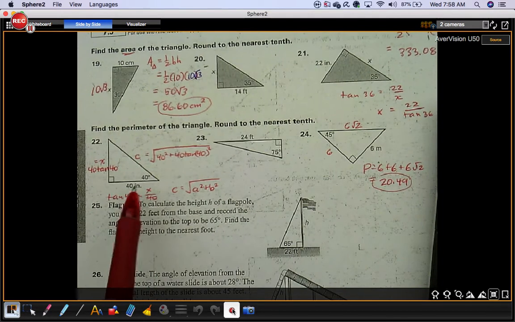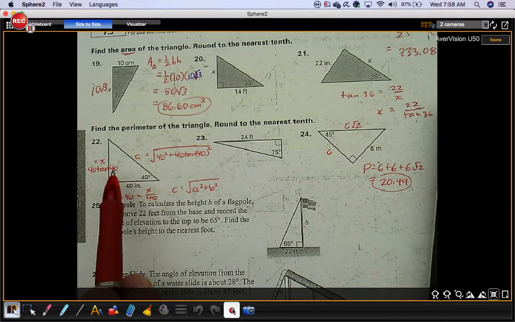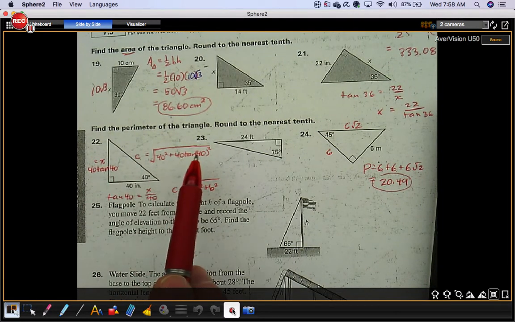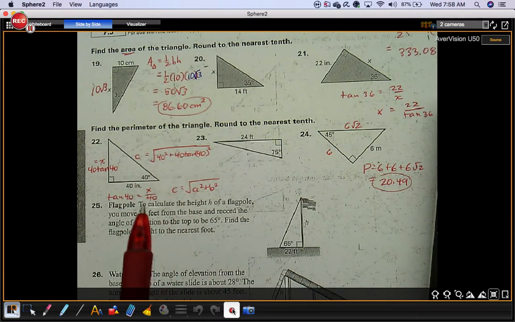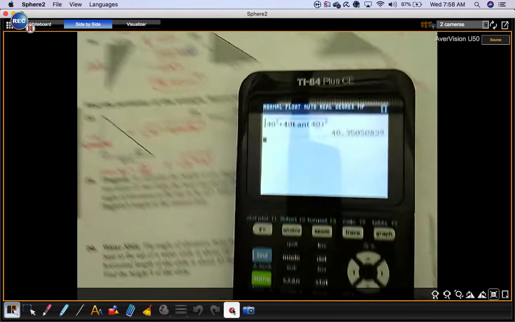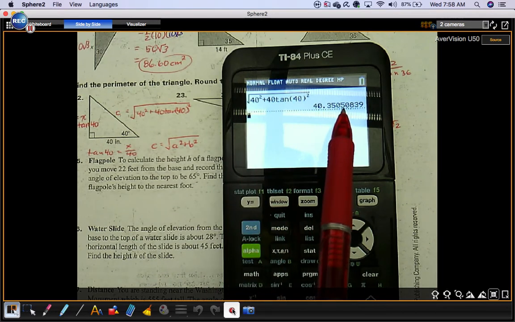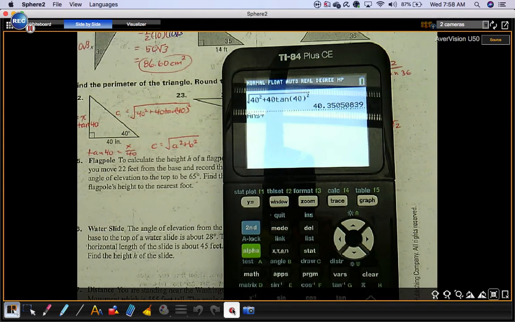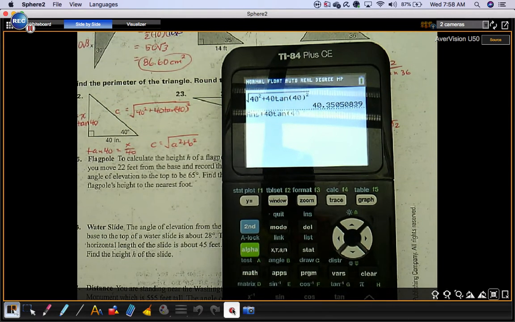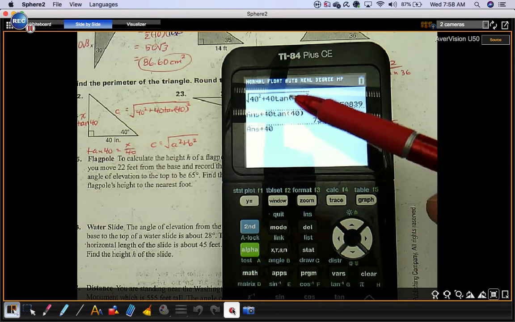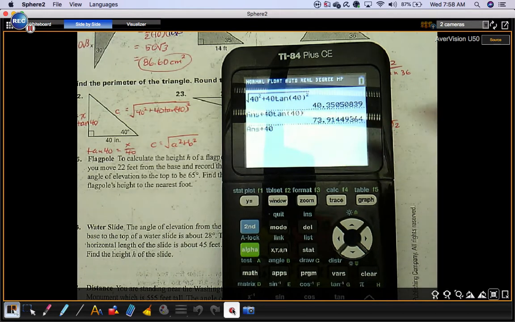Now, add this number with this number with this number. That's your perimeter. And I know it's a lot to type in. But notice how I already have this number in my calculator, and this is exact. So if I just hit plus, and then I type in 40 tan 40, and then I type in plus 40, this is how I'm adding all three sides exactly.